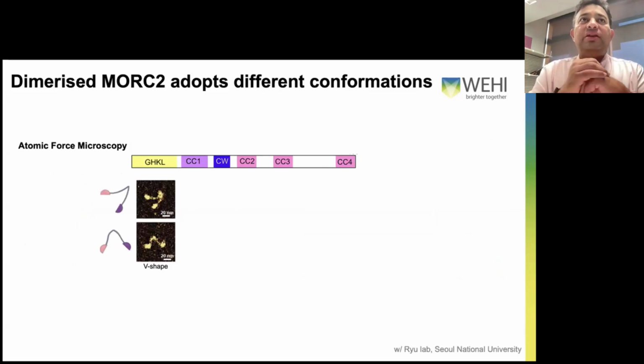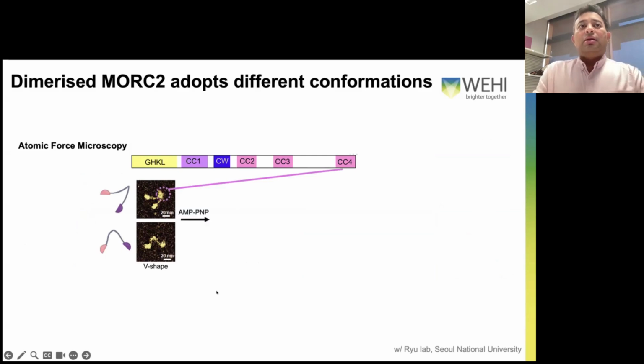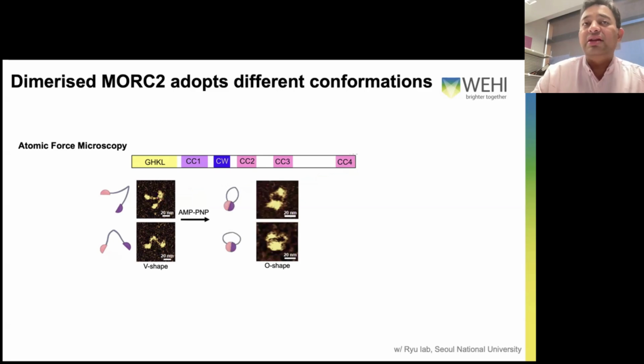We then confirmed the dimerization state of MORC2 by using atomic force microscopy, and that gives us a direct visualization showing that MORC2 indeed is dimerizing, and it's dimerizing through its C-terminal domain. We again wanted to understand whether when we introduce AMPPNP, like in the previous slide, it is going to lead to the dimerization of its ATPase domain, which is on the N-terminus, and that indeed does happen.